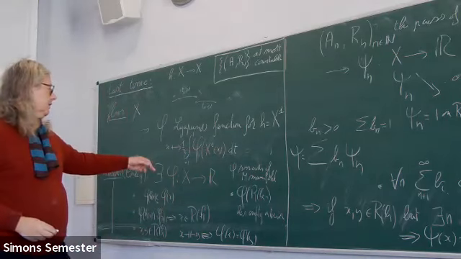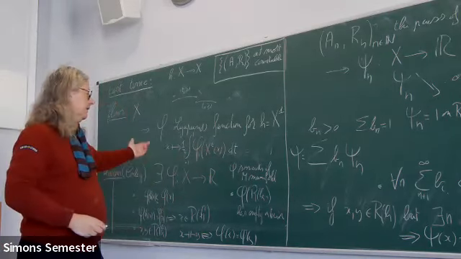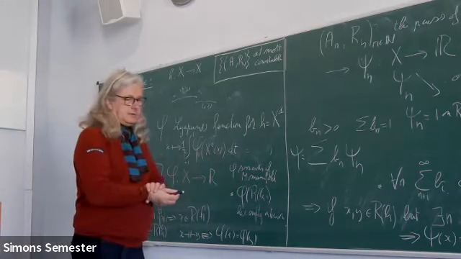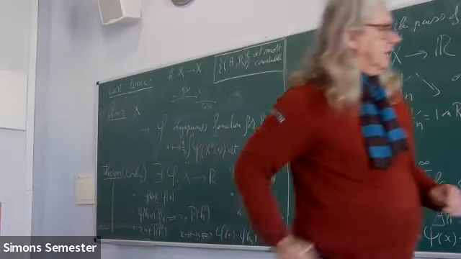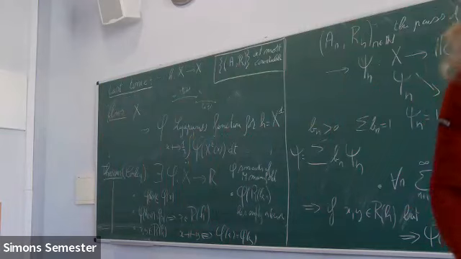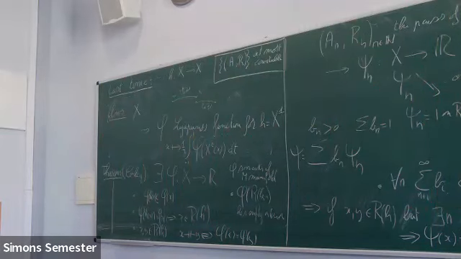So you get this function, and the derivative is strictly negative if x is not chain recurrent. So that gives the result for flows.